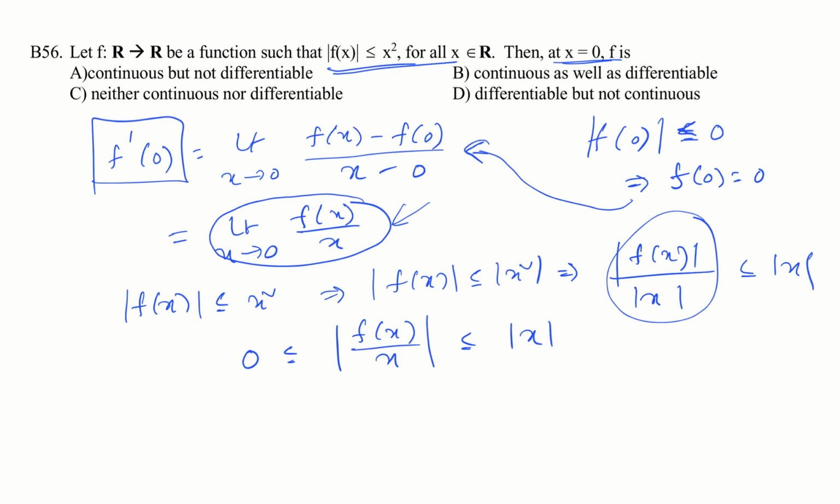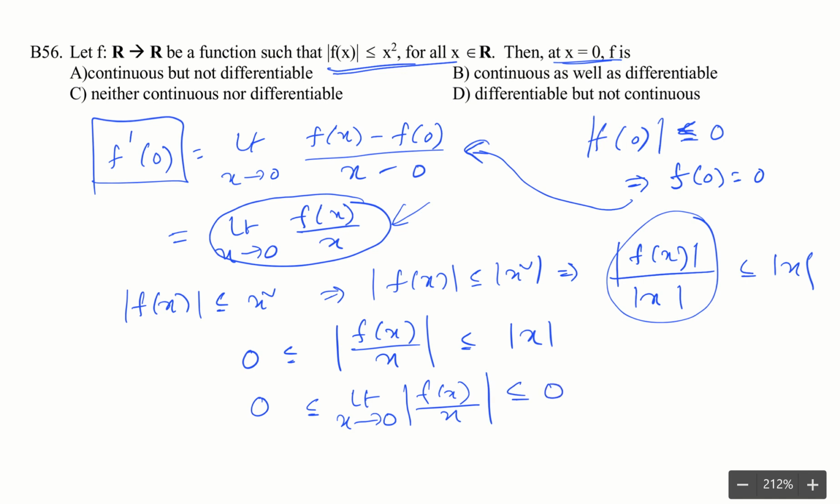Okay, now if I apply the sandwich principle, taking limit as x tends to 0, I'll have 0 less than or equal to limit x tends to 0 of mod of f of x by x less than or equal to 0.